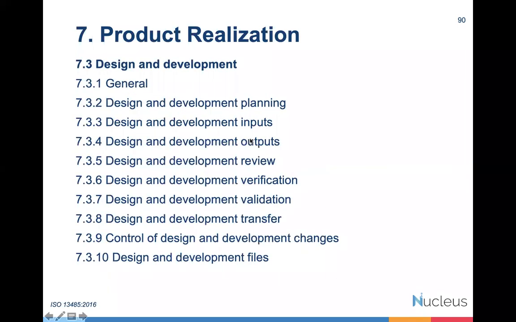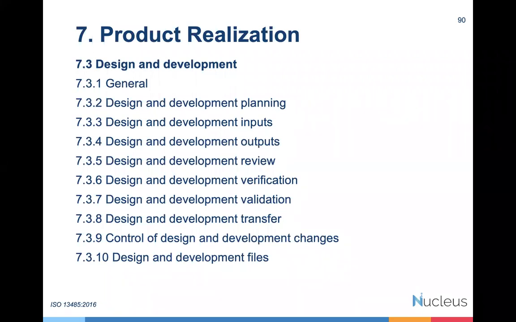Then design and development, 7.3. Here you can exclude it with proper justification, and ensure your regulatory authority also allows you to exclude this. There are various phases here: design plan, input, output, review, verification, validation, transfer, then change management, then design and development files.